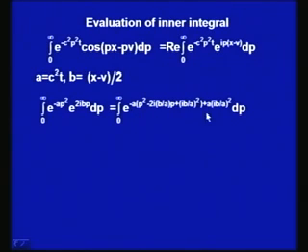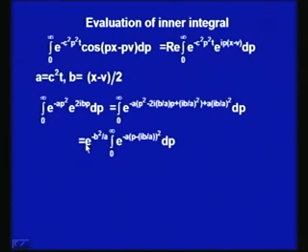Now, simplify it. Since this term, e to the power a times i b upon a whole square, does not contain any term of p, we can take it outside the integral sign. We get i square b square upon a square. So, a would be cancelling out, and i square is minus 1.